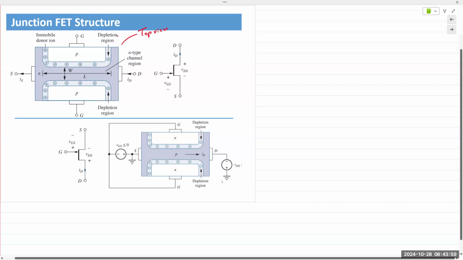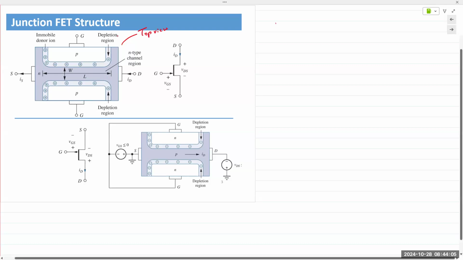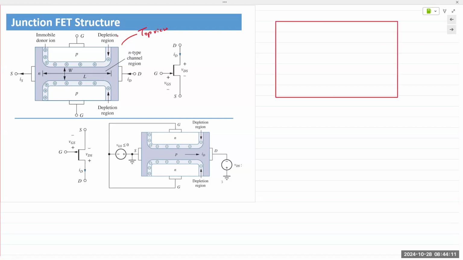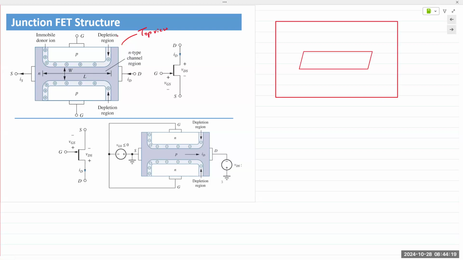If you're looking at it from the top, let's say you have this big silicon material, and then inside it, you would create an N-type material. For this example, we're using N-type material, but you can create N-type as well as P-type.